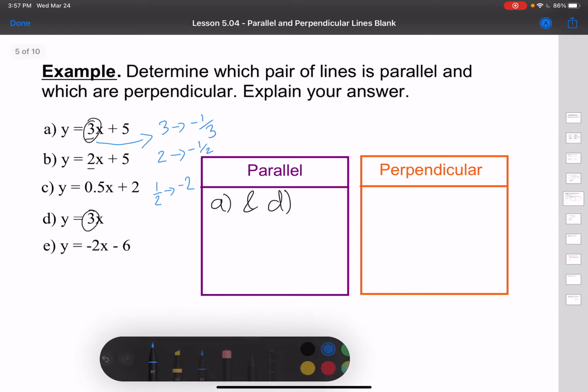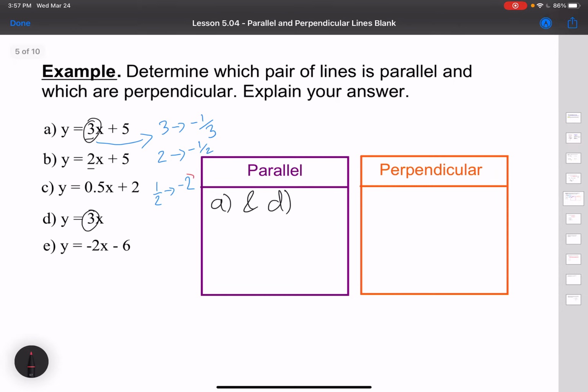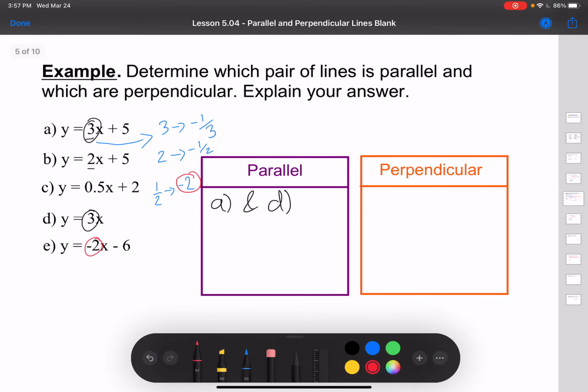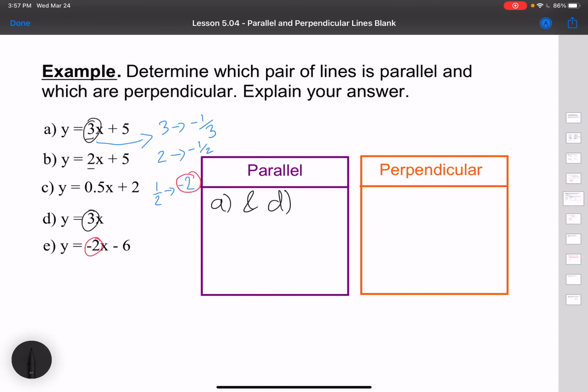And look at that. We just wrote down negative 2, and that's down there as well. So those two actually match. As in 1/2, its negative reciprocal is negative 2. So C and E are in fact perpendicular.